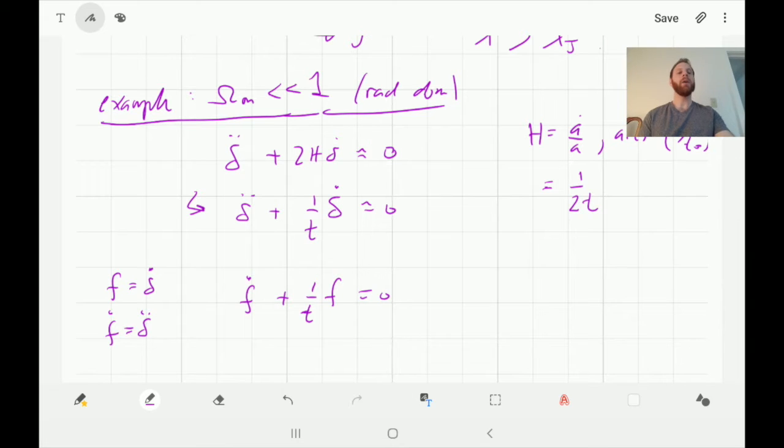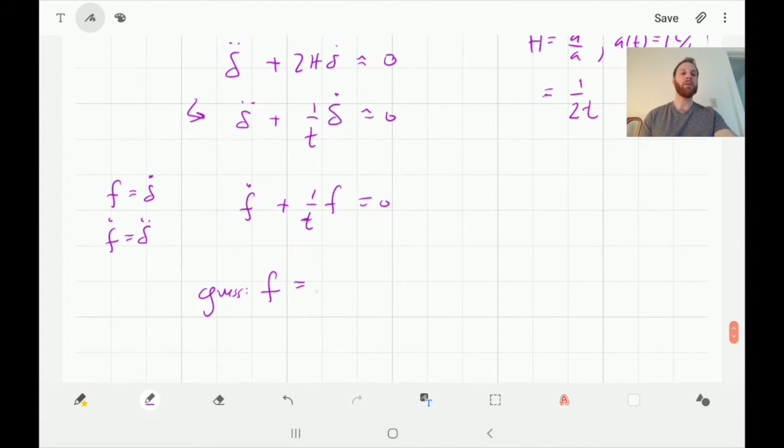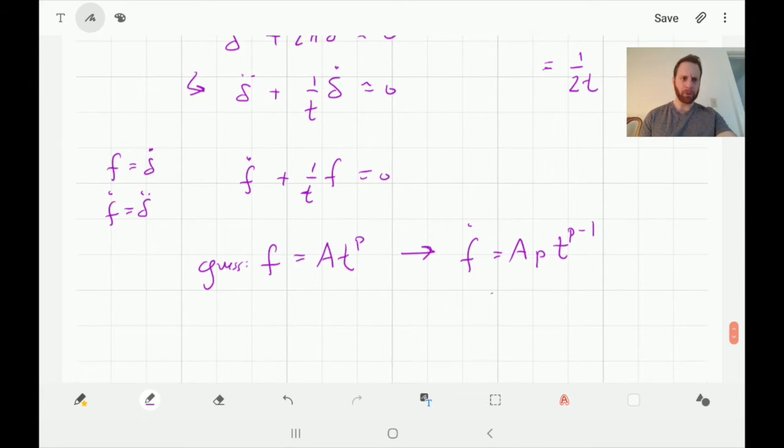Let's guess that f is equal to some constant times a power of t. I'll just call it A times t to the p. If that were true, then f dot would be A times p times t to the p minus 1. In other words, this is simply p divided by t times f.